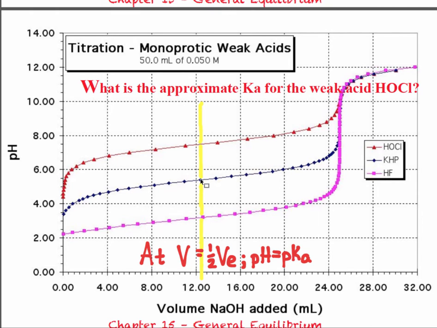Here the pH is about 5-ish, so the pKa must be 5 and the Ka must be 10 to the negative 5. And here the pH is about 7.5. So the pKa must be 7.5 and the Ka must be 10 to the negative 7.5.